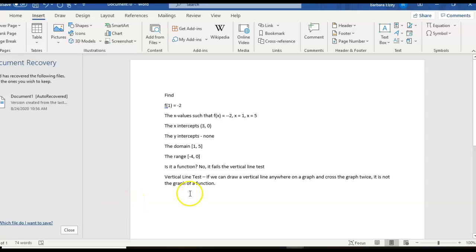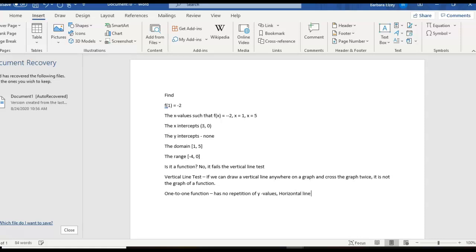All right, now one last test, and that's a 1-to-1 function. And a 1-to-1 function has no repetition of y values. And we can do a horizontal line test to test if something's 1-to-1.